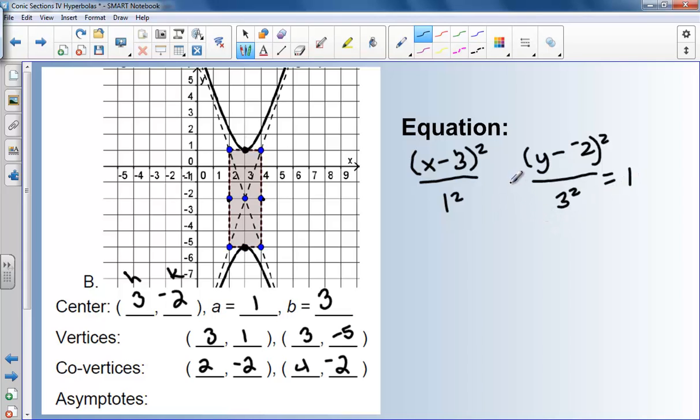And then I have to decide, okay, do I need a negative sign here, or should that be positive? Do I need a negative sign here, or should that be positive? Well, this does not open left and right. And so the negative goes in front of the X instead, and my Y will actually be positive.